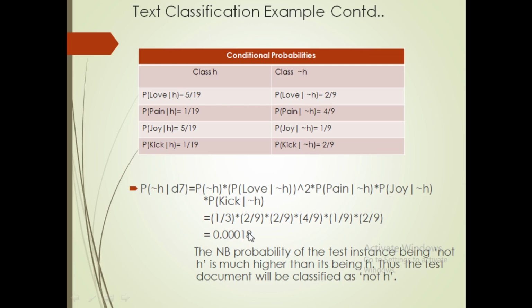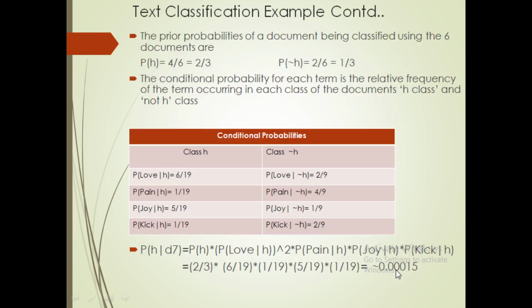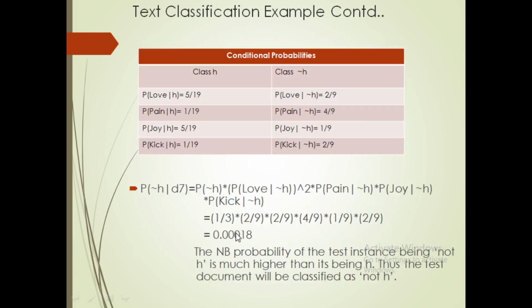When we compare the probabilities of both, 0.00015 and 0.00018, we can say that this is the greater one. So the naive Bayes probability of the test instance being not H is much higher than its being H. Thus we can say that the test document will be classified as not H.